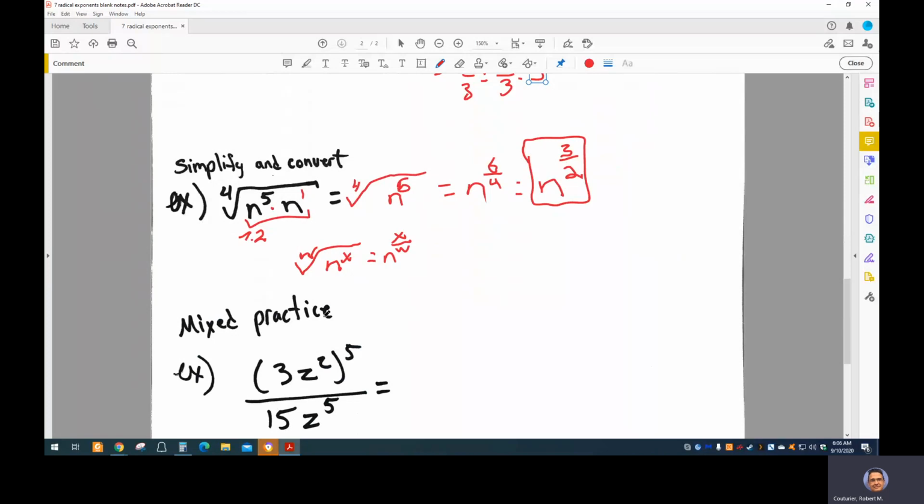That wasn't so bad. This is the piece we have to get used to here: being able to convert from a radical form to an exponential form.